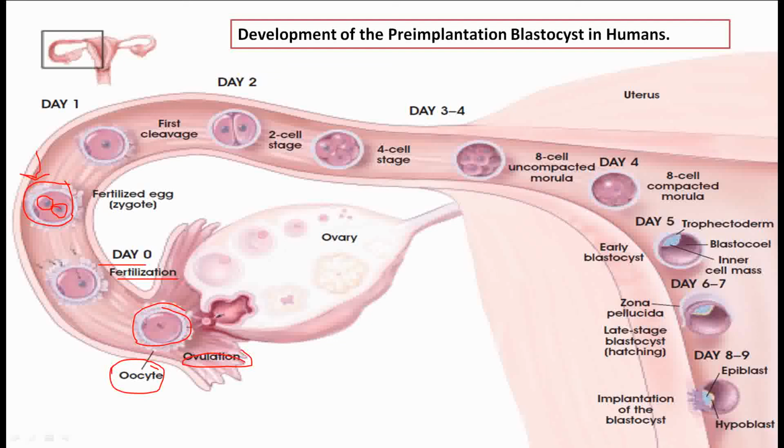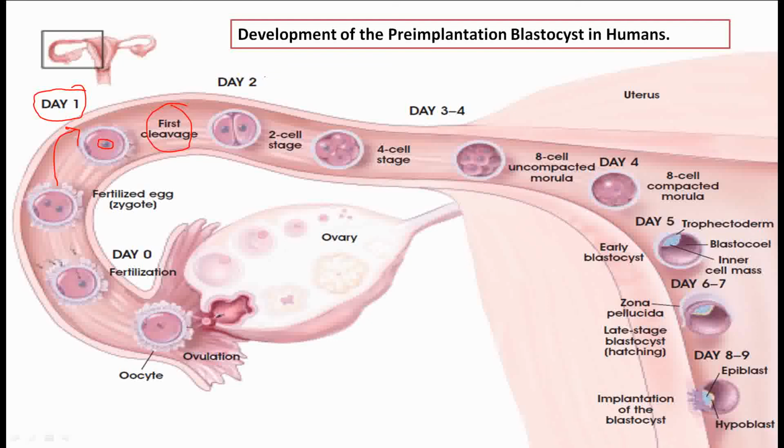One is from the sperm and one is from the egg. After that, this becomes a single nucleus, and here the first cleavage occurs. The first cleavage occurs at day 1, the first day after fertilization.